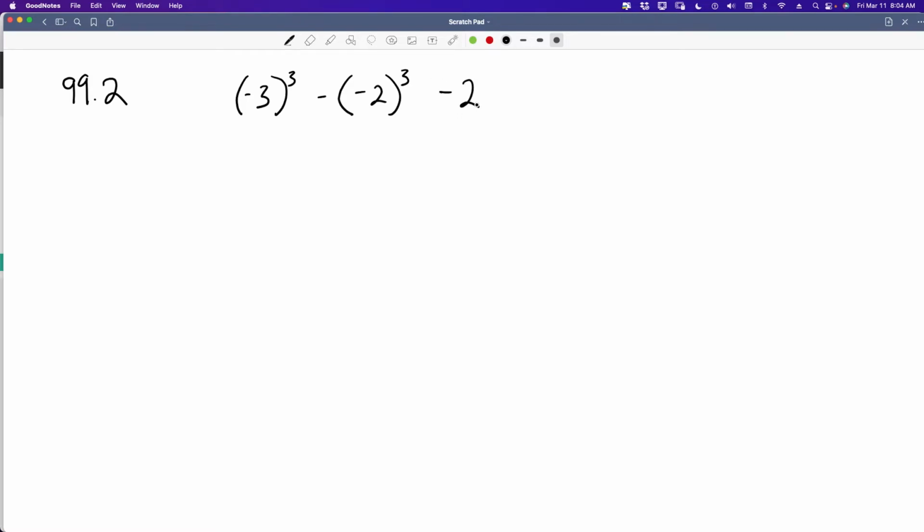And then we have minus 2 with a 2 on the outside, or connected to the 2 right here. So what we really have here is negative 3 cubed plus negative 1 times negative 2 and it's cubed plus negative 1 times 2 squared. So that's what we're really seeing when we look at this.